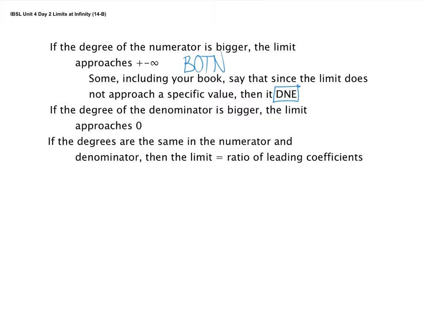Alright? If the degree in the denominator is bigger, the limit approaches 0. So here's the bobo. Bigger on bottom, 0. But then if the degrees are the same in the numerator and denominator, then the limit is the ratio of the leading coefficients. Okay?